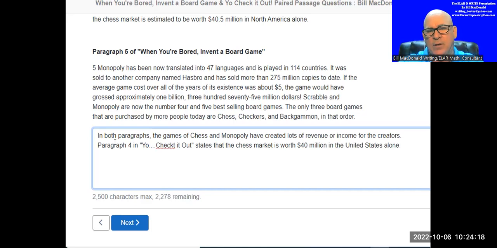Now, because it says you have to answer, you have to give me evidence from both. In this case, we need an extra sentence. So we'll just kind of use the same. We'll tell the reader the location. Paragraph 5 in When Your Bored, Invent a Board Game.